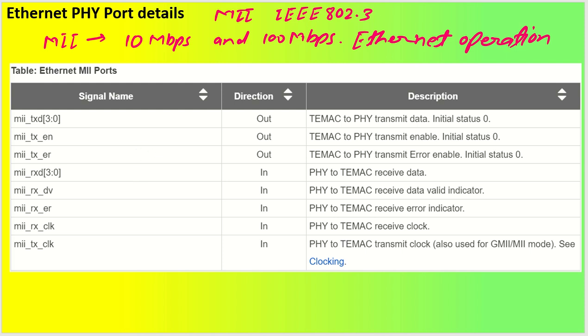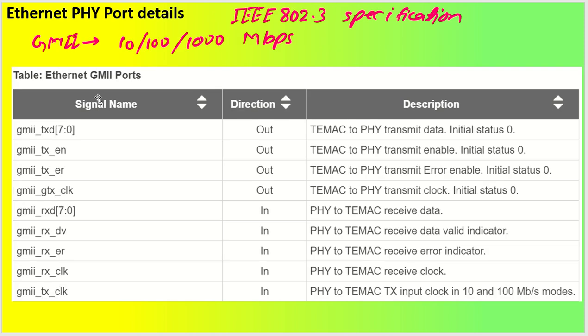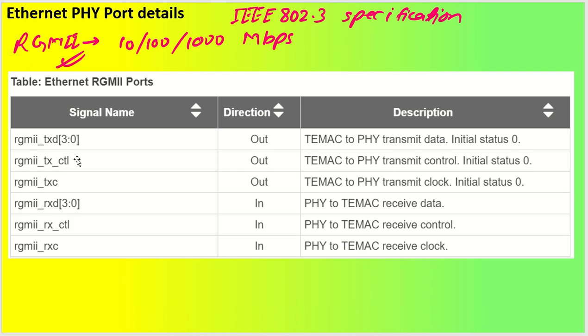We also saw GMII, but that is not in the scope of this tutorial. And we have RGMII, which is the reduced gigabit media independent interface. Now we will try to understand some electrical characteristics of the DP83826 IC, so that we can utilize it in our circuits.